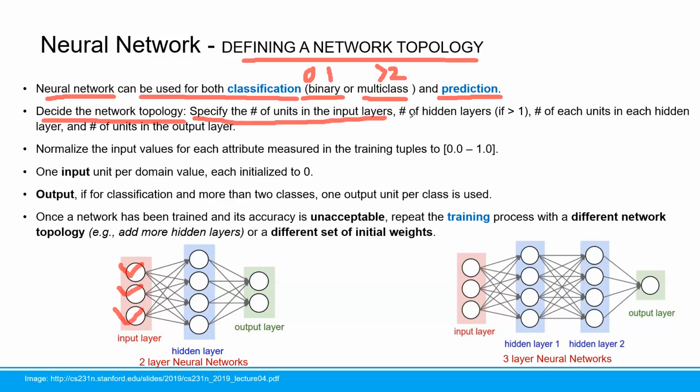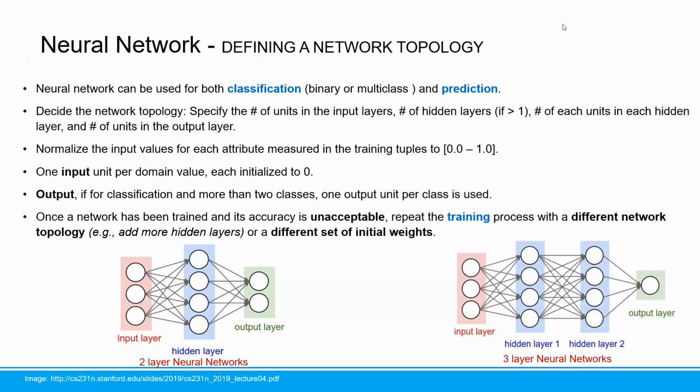You can also define the number of hidden layers. Most probably, the number of hidden layers is 1. There is 1 hidden layer, but you can also have more than 1. If there is more than 1 hidden layer, then you need to specify the number of units in each hidden layer.